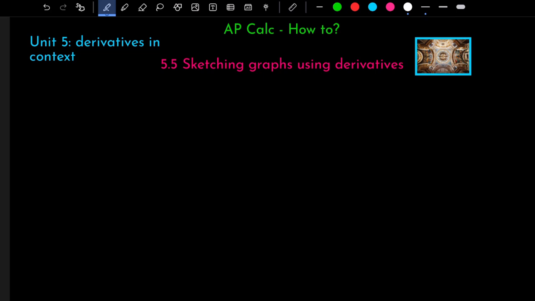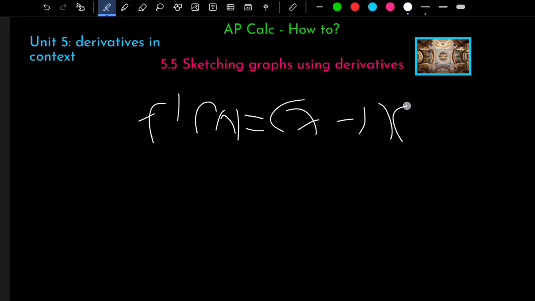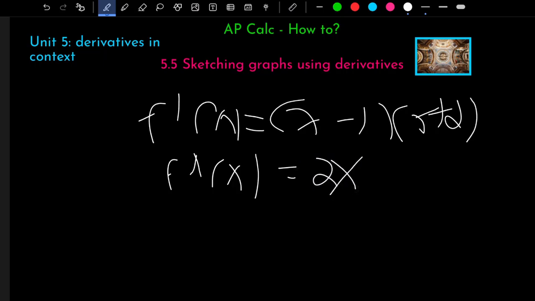We're going to analyze this using f prime and f double prime. So our function has f prime of x equals (x minus 1)(x plus 2), and f double prime of x equals 2x. So f prime equals 0 at x equals negative 2 and x equals 1.